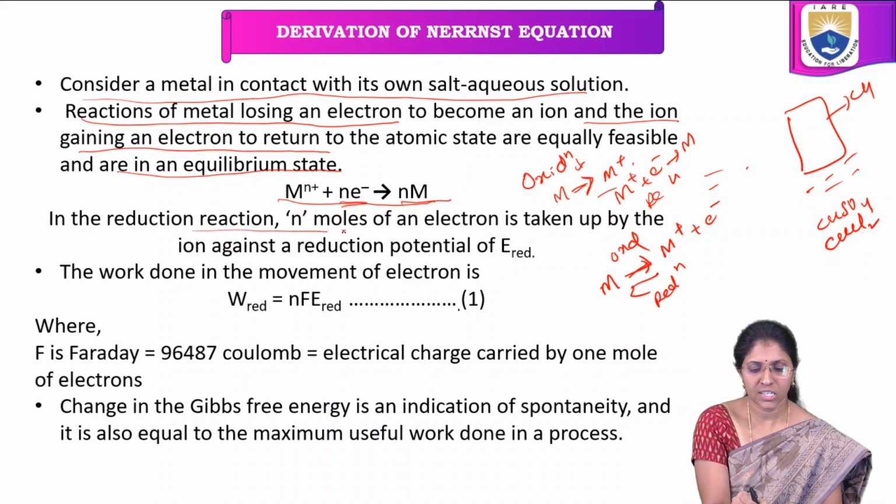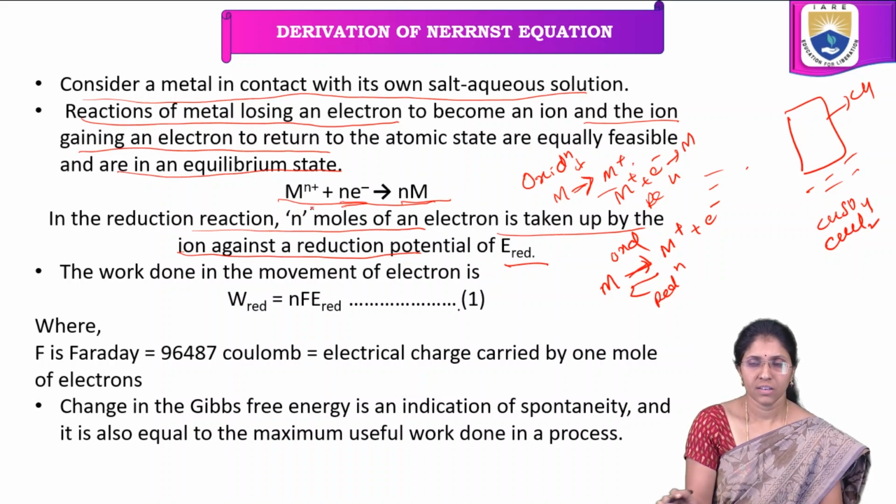In this reduction reaction, n moles of electrons are taken up by the ion against the reduction potential E reduction. So here n moles of electrons are taken by the metal ion to form metal.